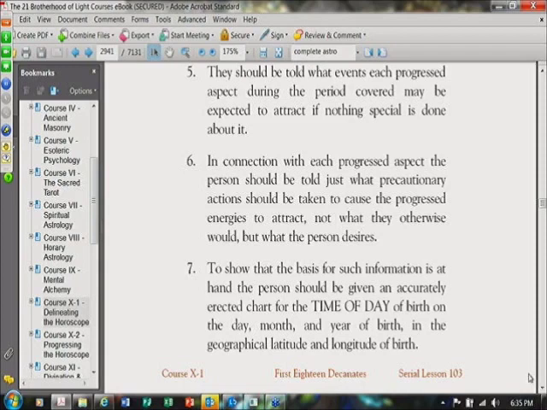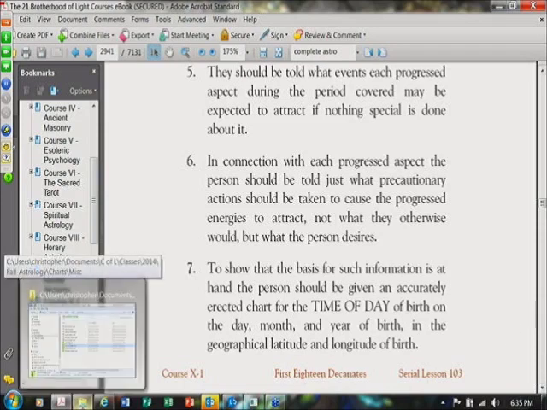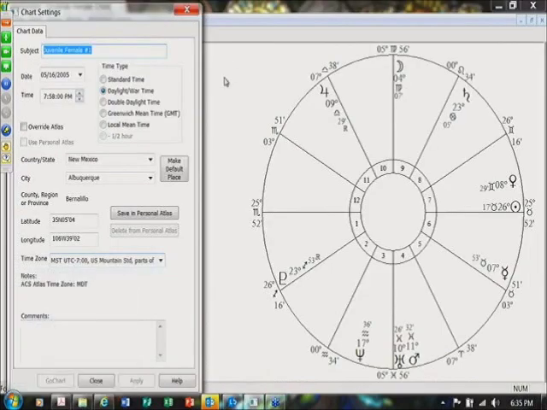And what we're going to do today is we're going to look at a chart. Hopefully you all have your handouts from the very first class of this series, which has to do with the 7 steps in judging. Here's the chart we'll be looking at.